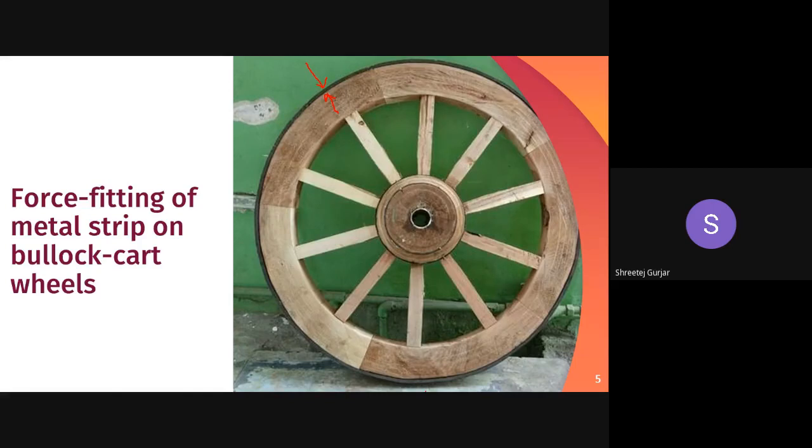It is a single band. Can anyone tell me why this metal band is given? You might have seen it, and many might have also used it. These are usually seen on bullock carts, with wheels made up of wooden elements.